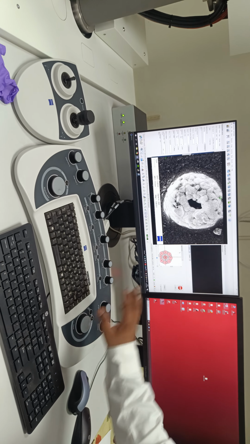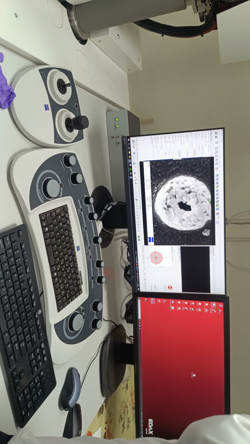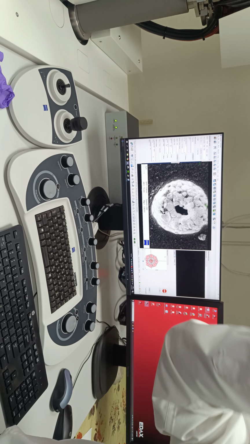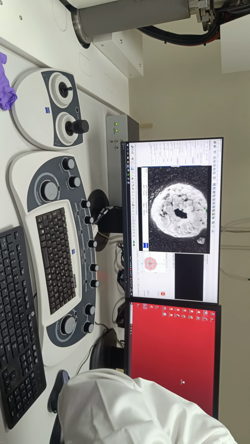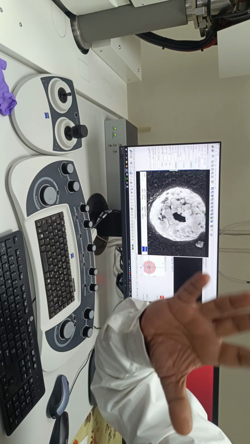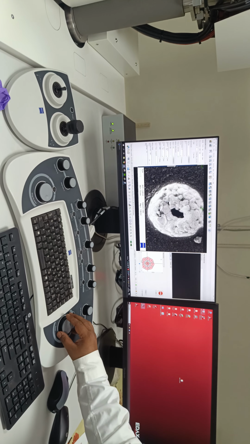So after we do some astigmatism correction, the moment the image goes from elliptical to circular, you can understand that your astigmatism error is getting rectified. After this rectification, you finally do the focus again.